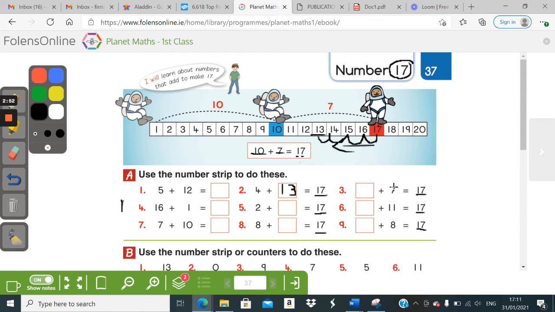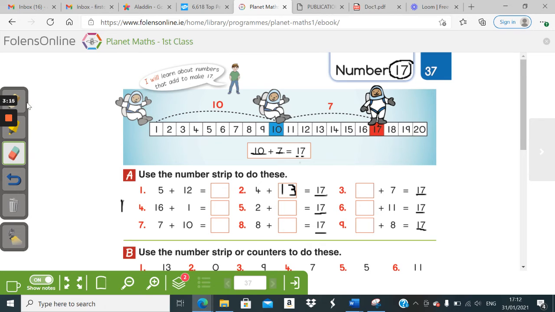Another way to do it, and that's normally when your second number is quite big, for example, number 6, something plus 11 equals 17. Now, I could do the same thing as I did with number 2. I could do 11 jumps to find the missing number. However, you might feel that it's quicker because you have such a large number.